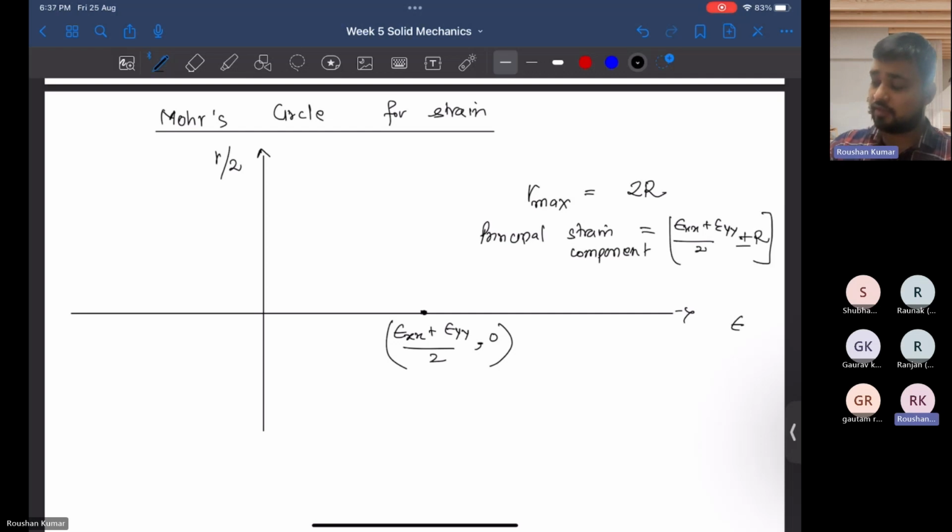So this is the formula to find the value of the principal strain component. This gives only two strains, epsilon xx and epsilon yy, and we know the value of epsilon zz already. So we can find the three principal strains in that particular plane.